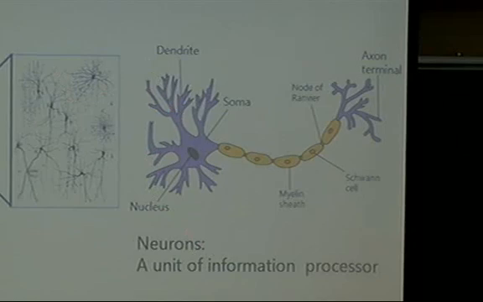If the input satisfies certain criteria, then the body of the neuron generates an action potential, an electric potential. Then it propagates through the axon, and at the end of the axon terminal, it releases neurotransmitter to send the signal to the next neurons.